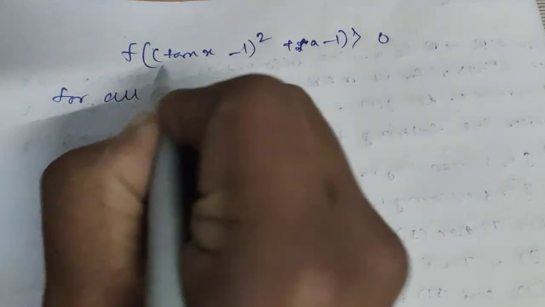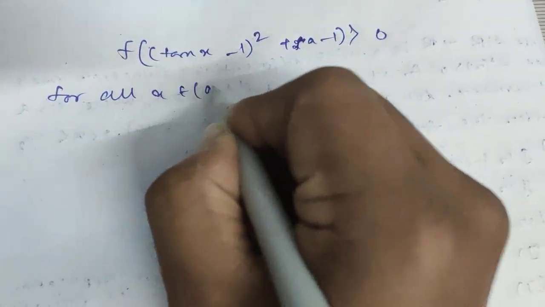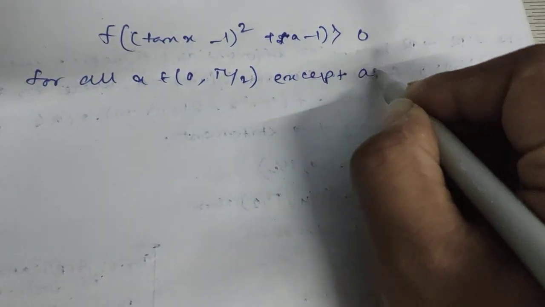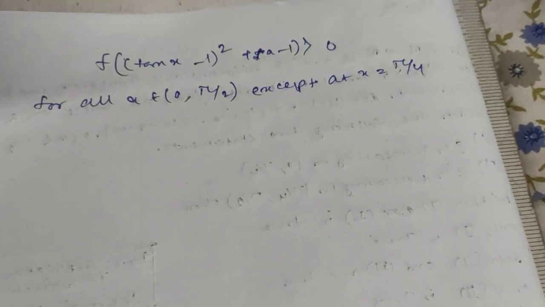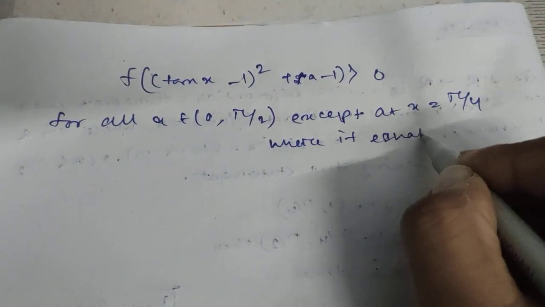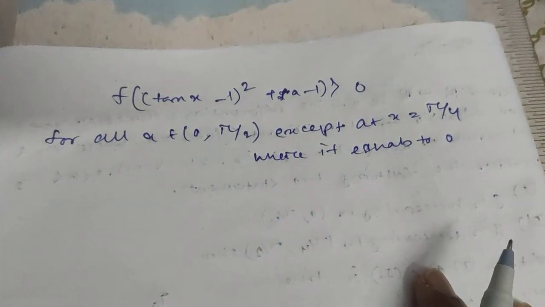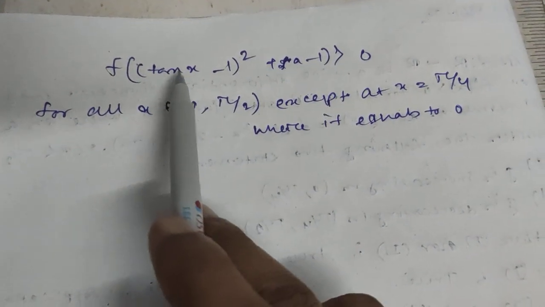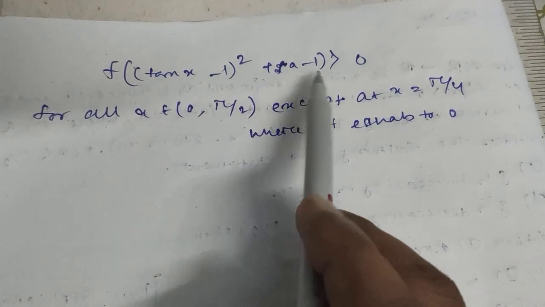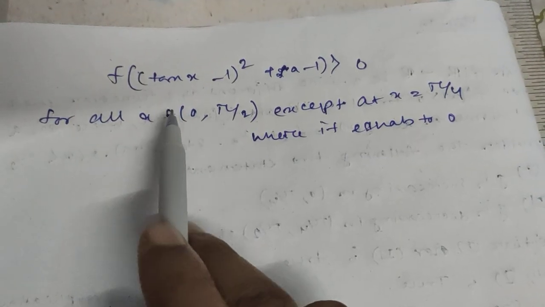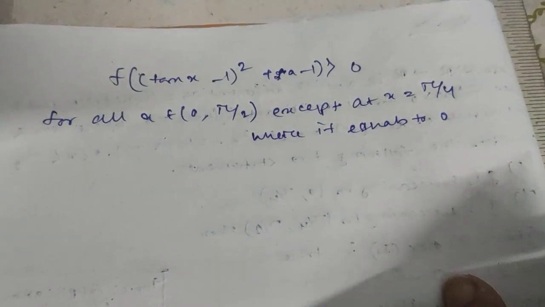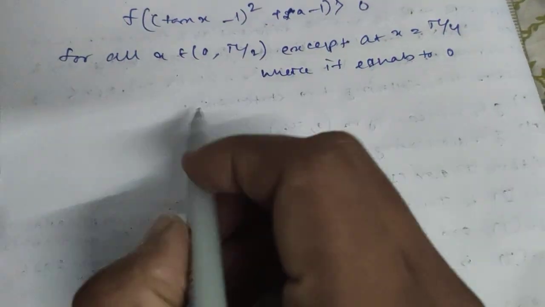Now for all x belonging to 0 comma pi by 2 except at x equals pi by 4, where it equals 0, just put that. Tan pi by 4 will be 1, so 1 minus 1 will cancel out, then a is greater than 1. So for all x belonging to 0 comma pi by 2 except at x equals pi by 4, it equals 0, right?